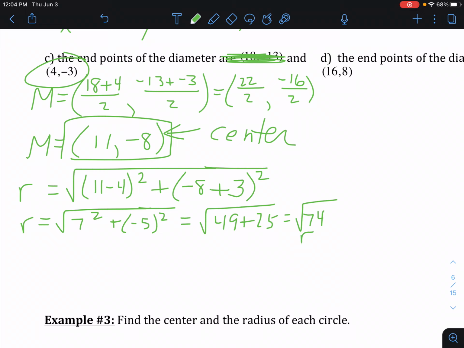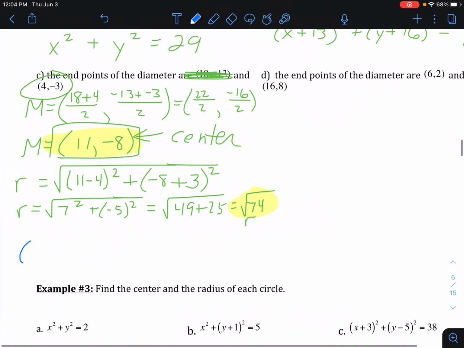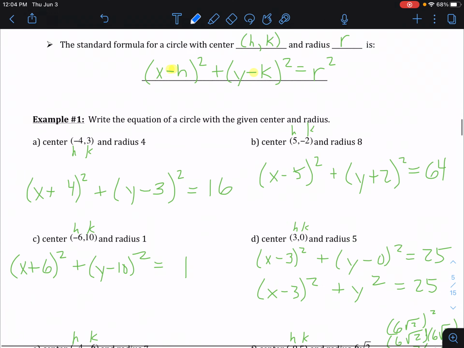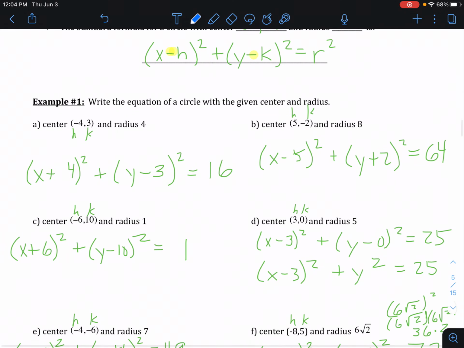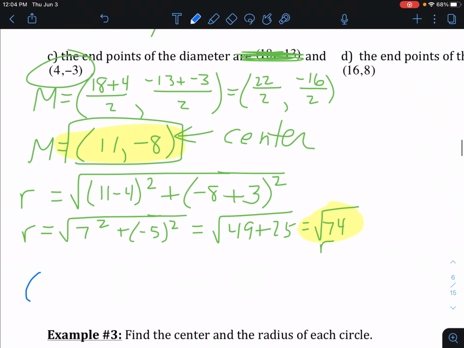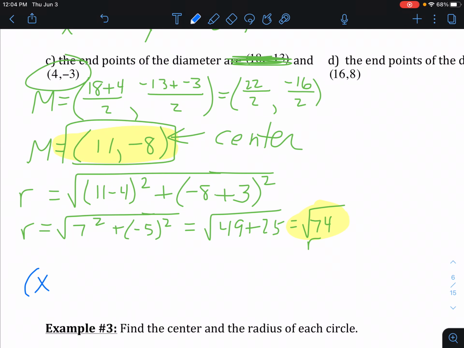So let me highlight what we're going to be using for our formula. We have to use the center, that's our h, k, and we have to use this to help us put our r squared. So it's going to start off with the formula. Again, I'm using this one right here at the top of the screen. So x minus h, so x, h and k are here.